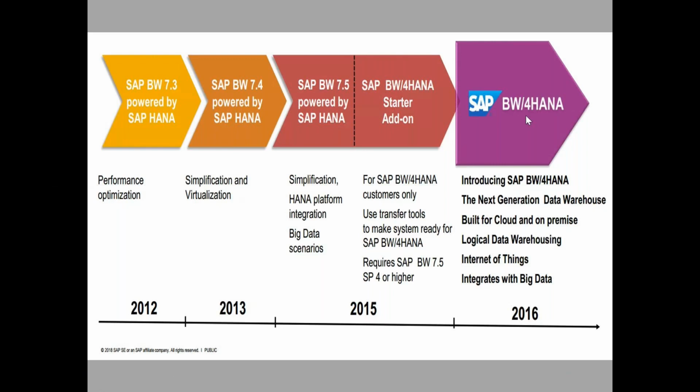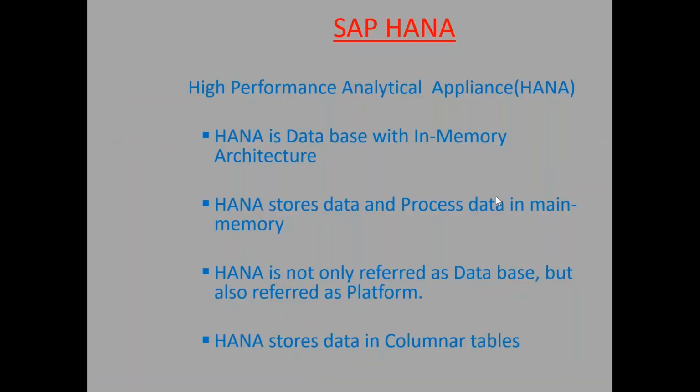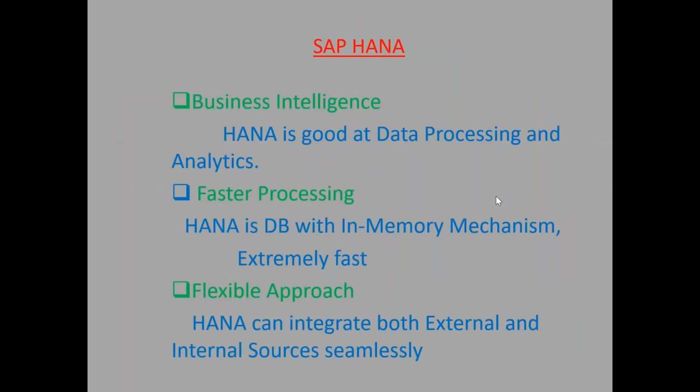So when you want to migrate from BW 7.5 to BW4 HANA, we should have some tools, add-on tools, which we can directly download. That is the technical point of view. The technology point of view is almost the same, not much different.